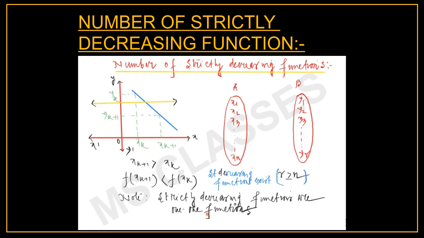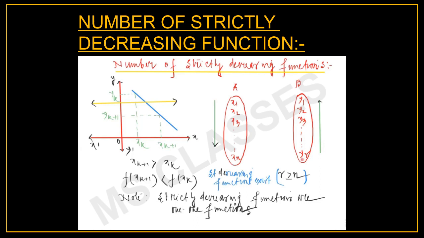Now what we see? At first, we arrange the elements of the set A in ascending order. This is the smallest one, and then it goes on increasing. And here, we arrange the elements of the set B in descending order. Descending order means these are the largest, and then one by one it is going down.